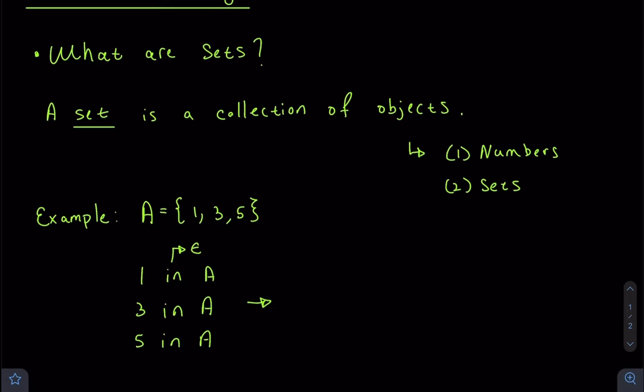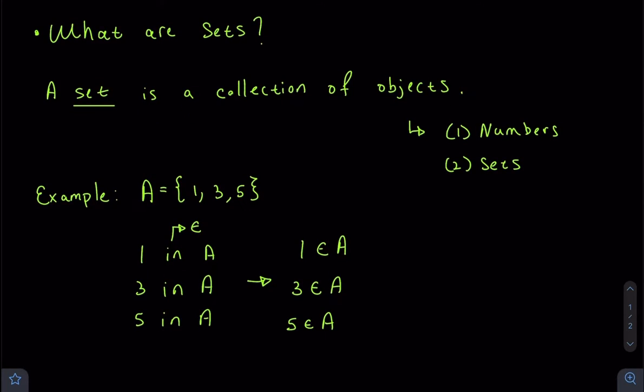Using that notation, we could say that 1 is in set A, 3 is in set A, and 5 is in set A. So we have 3 objects in A. Now some textbooks call the objects in a set the elements of the set. So 1 is an element of set A, and so is 3 and so is 5.